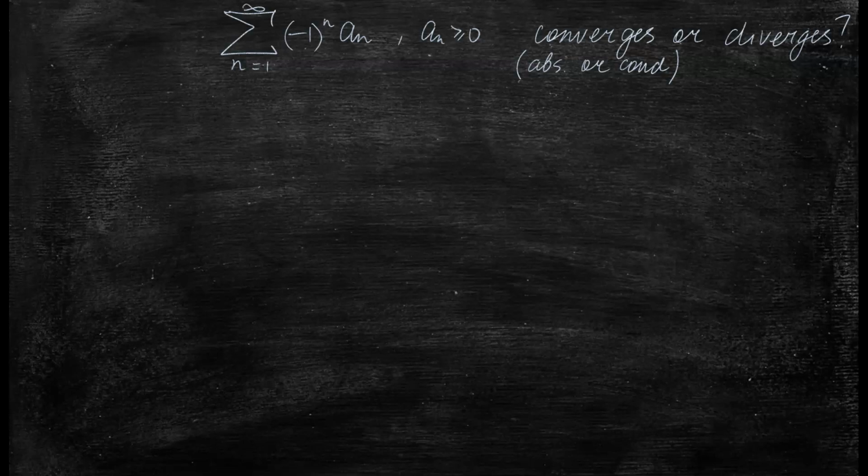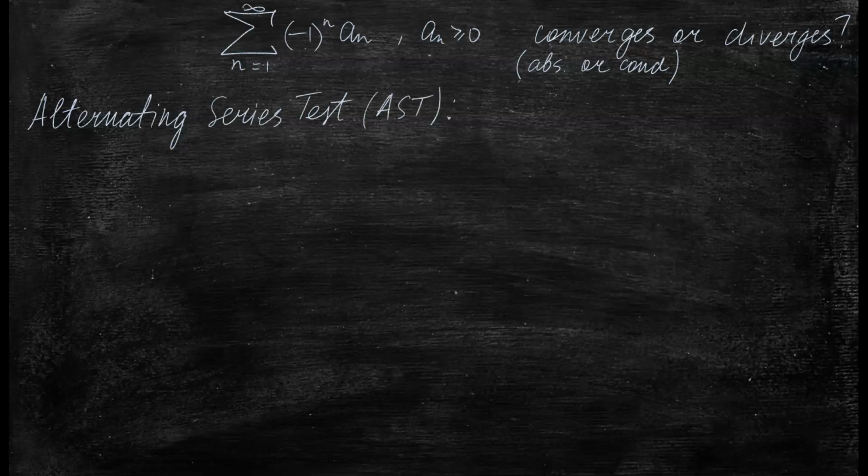So when you have an alternating series, you immediately set up the alternating series test, which we abbreviate AST. You set it up almost the same way as the divergence test.